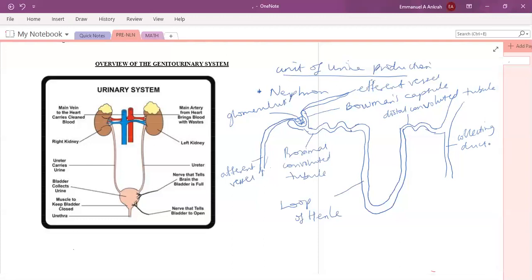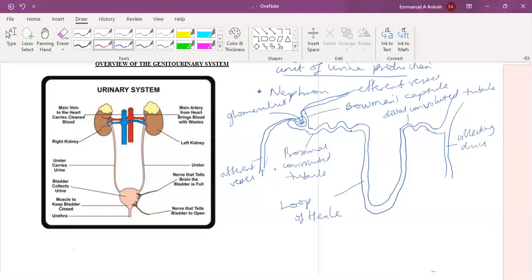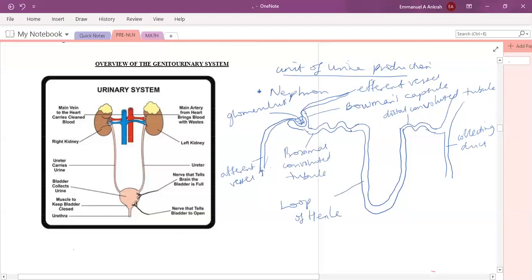So how is the urine produced? The urine is produced by three main processes. The blood goes through the vessel, and then here it is filtered. There's filtration here.